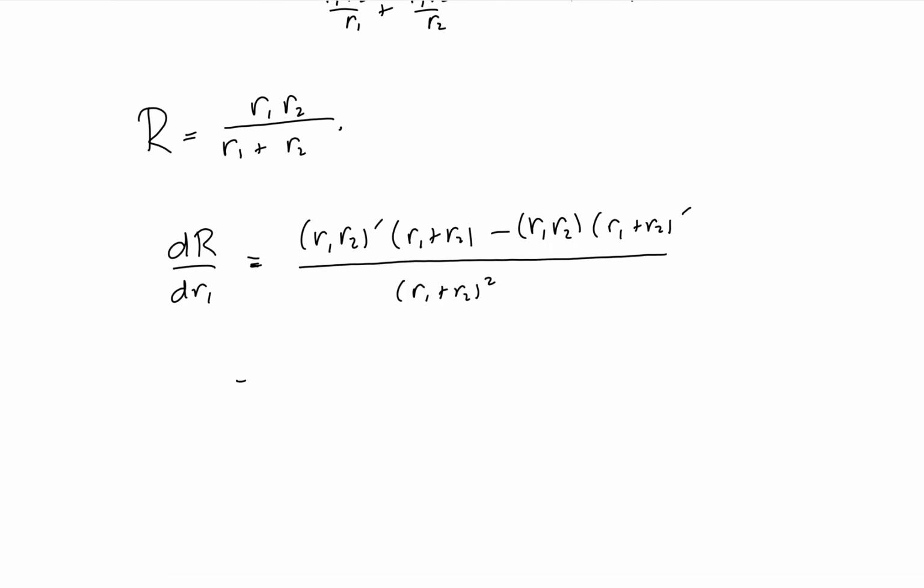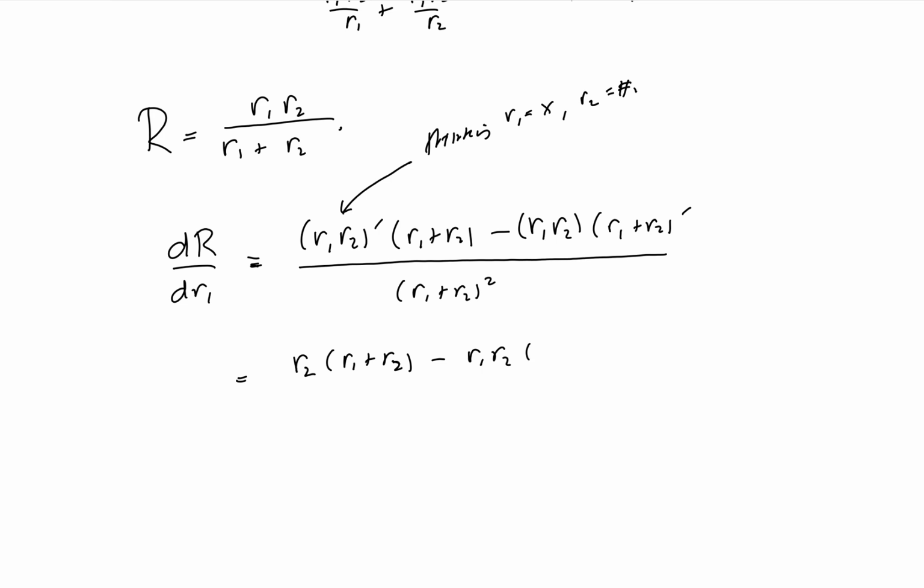So since R2 is a constant, the derivative of R2 times R1 is just R2. Right, so for this derivative here, you're thinking R1 is kind of x and R2 is some number. So if you had like 5 times x, the derivative would just be 5. So in this case, R2.